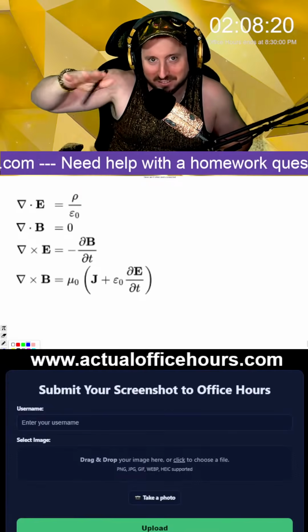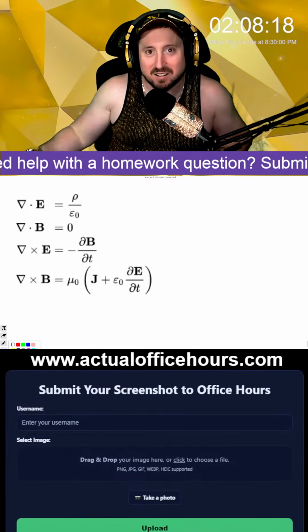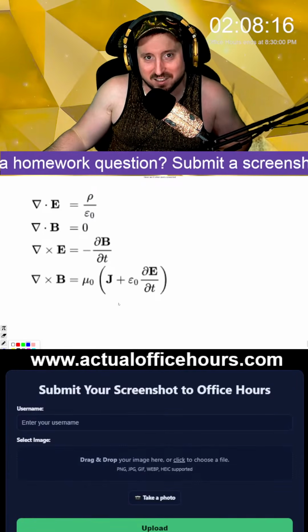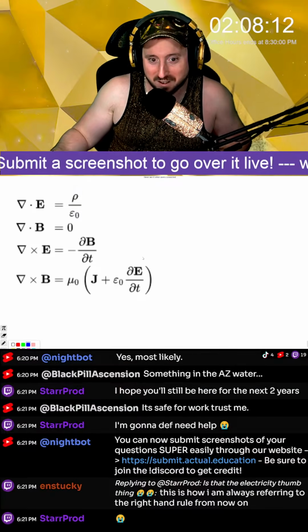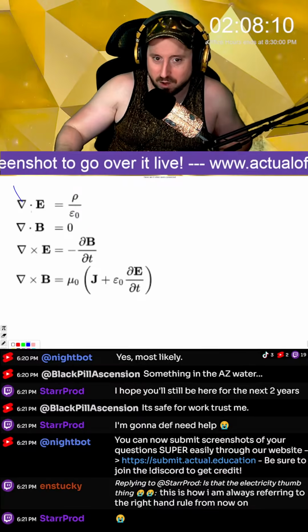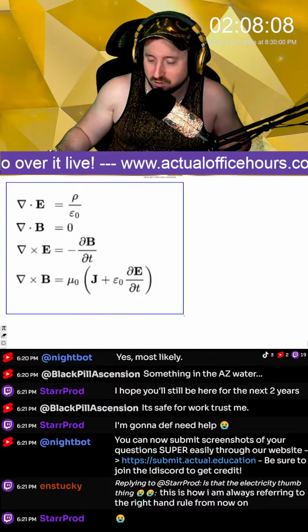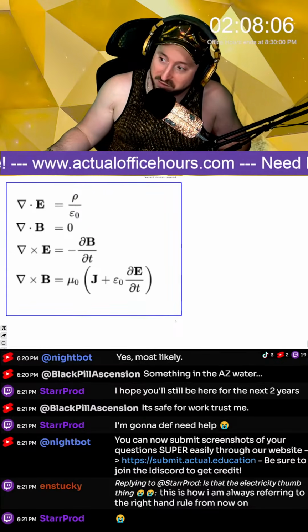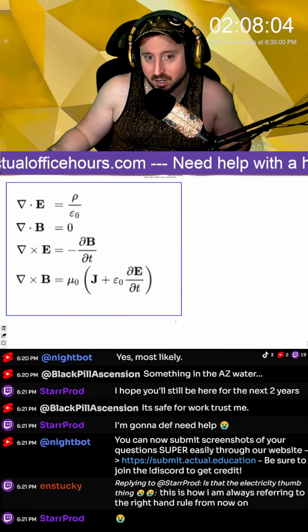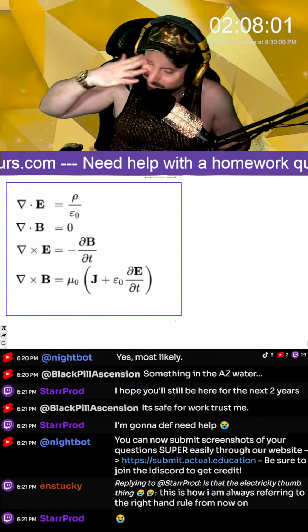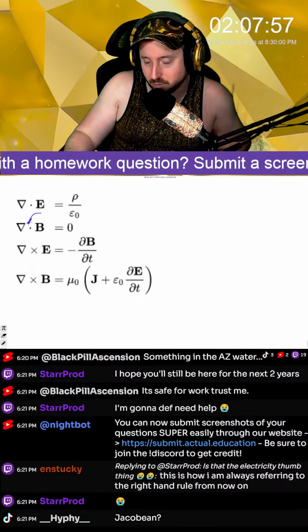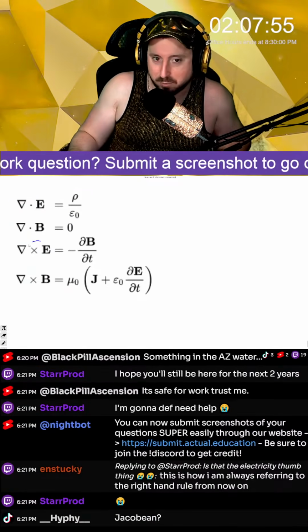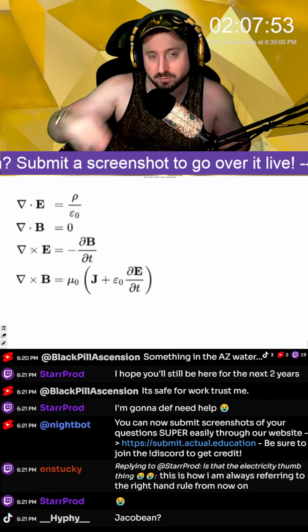Let me stay a little bit on topic here. Is that the electricity thumb thing? Yes, it is also the electricity thumb thing. But these equations you will use in physics, AP Physics C specifically, and really the E and M part of it. And these are the exact things. Look, nabla with a dot product, which is called divergence, and then nabla with a cross product, which is called curl.